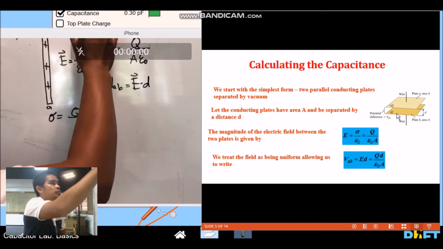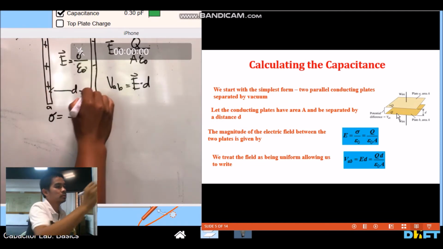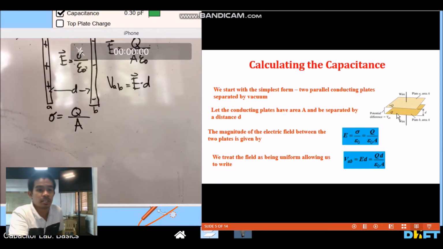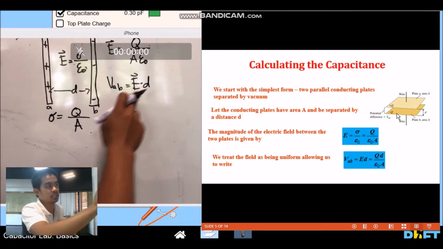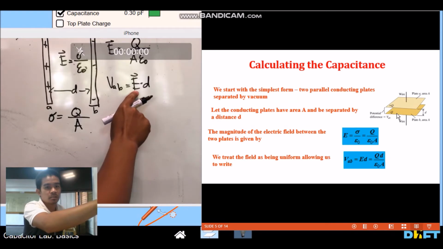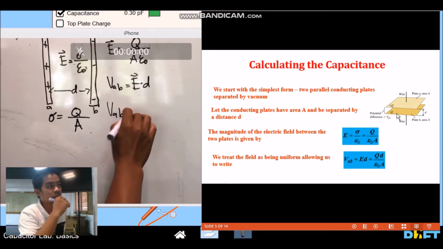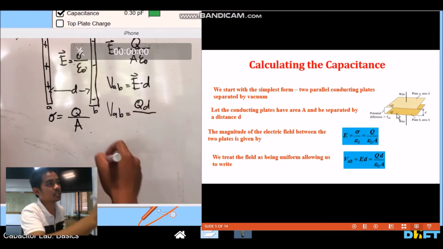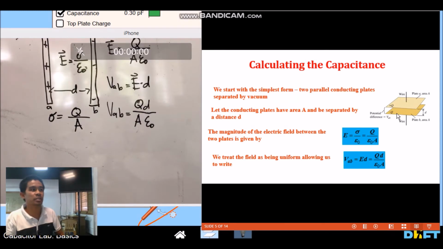These two plates are separated by distance d. Between these two plates is an insulator, or say vacuum, free space. So this is the voltage difference between these two plates. It's electric field times the distance between them. So I will replace the electric field by this equation. Then the voltage difference will be equal to charge times distance between the two plates over area times permittivity of free space.